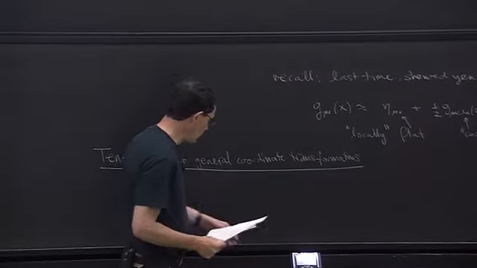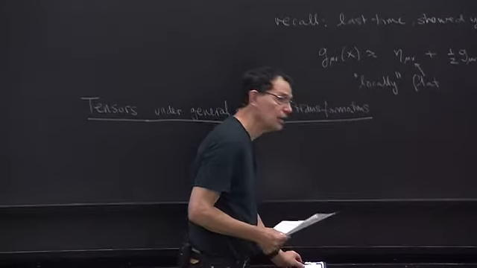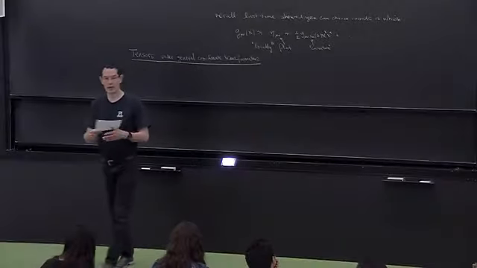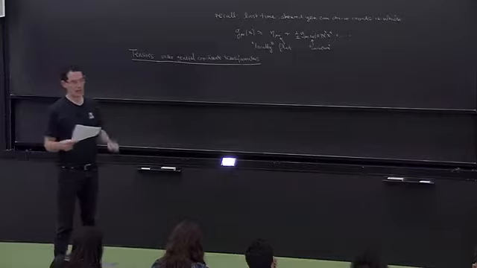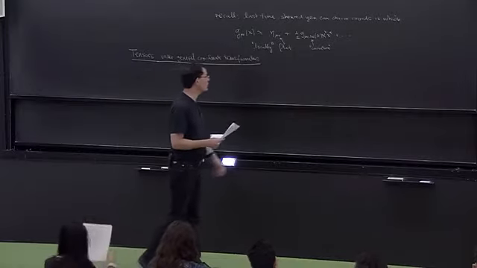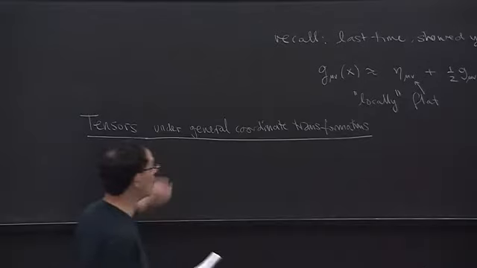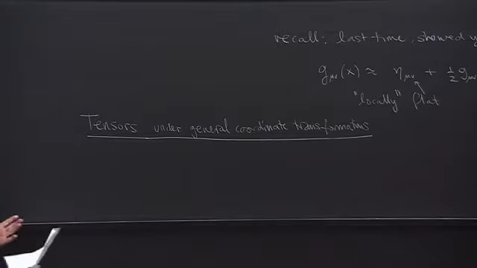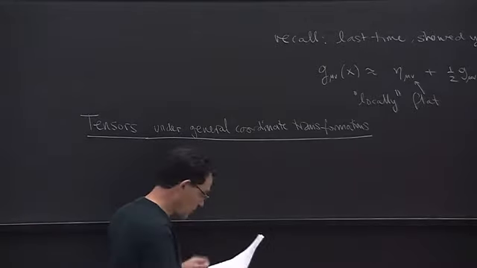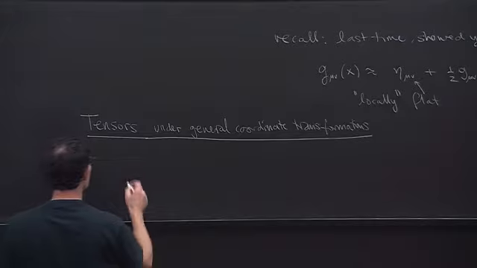We've already discussed special relativity, where we required that everything be described as a tensor under Lorentz transformations. But when we do general relativity, we want everything to be a tensor under general coordinate transformations.